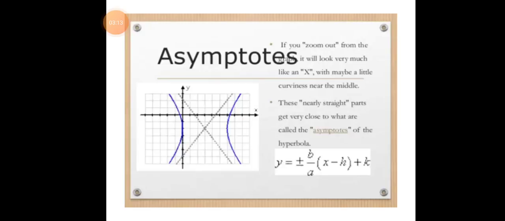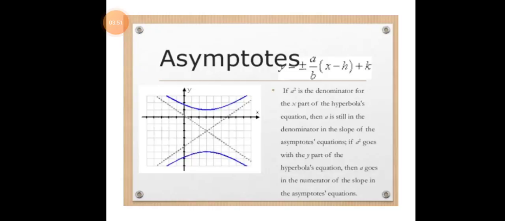Then if you zoom out from the graphs, it will look very much like an X, with maybe a little curvedness near the middle. These nearly straight parts get very close to what are called the asymptotes of the hyperbola. So, y equals plus or minus b over a times x minus h, plus k.